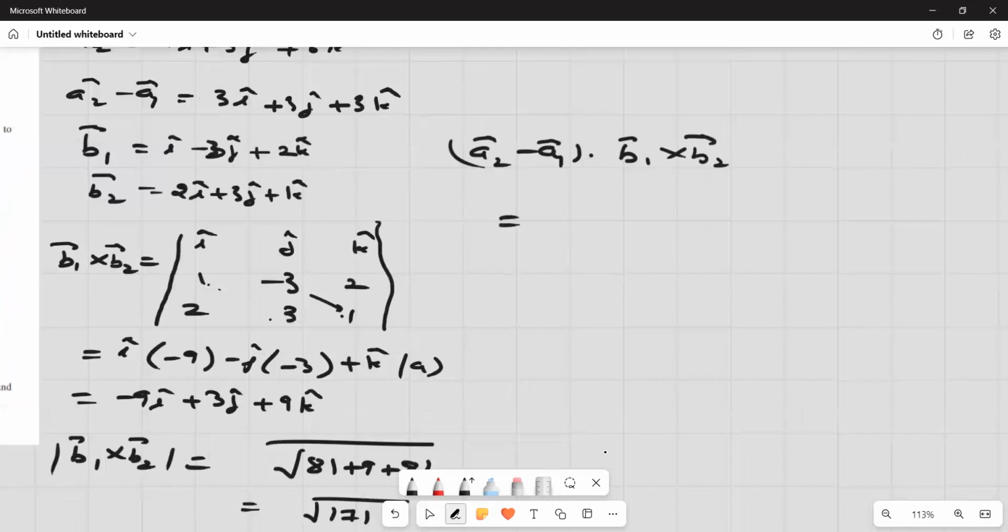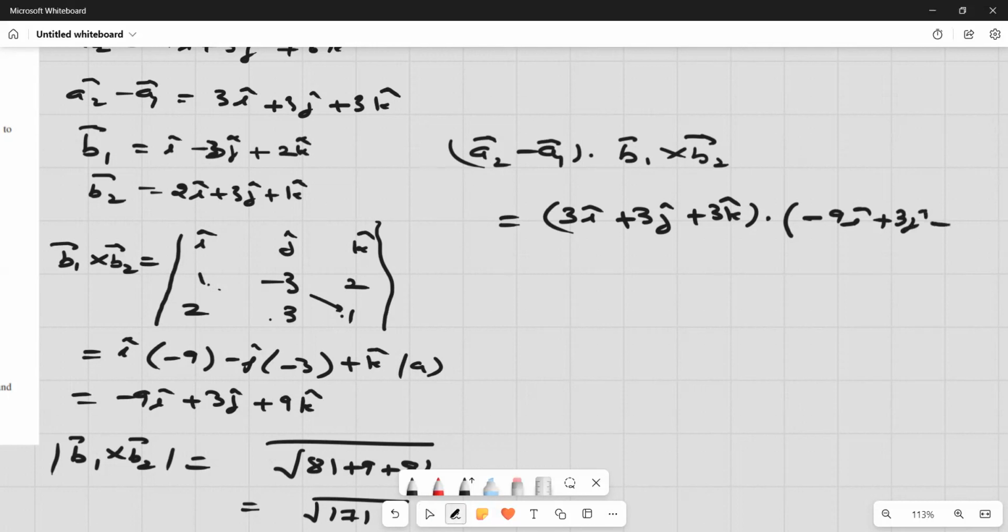That is 3i plus 3j plus 3k dot minus 9i plus 3j plus 9k. So that is equal to minus 27 plus 9 plus 27. So that is coming 9 only.